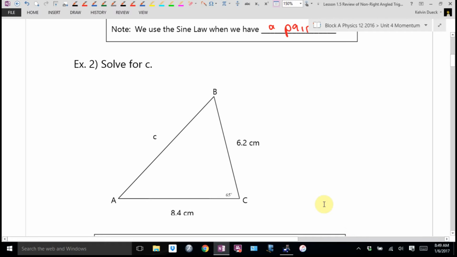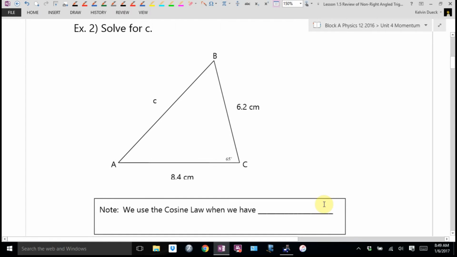Solve for side C. It's cosine law. How do I know? If you want to be a bit more specific, I use the cosine law if I have two sides and the angle between them, and I'm trying to find what's across.